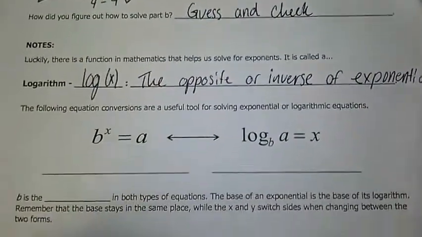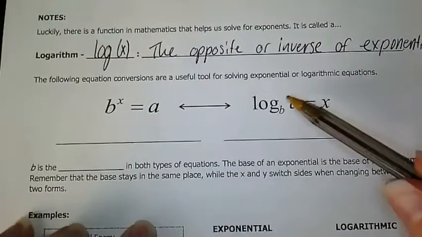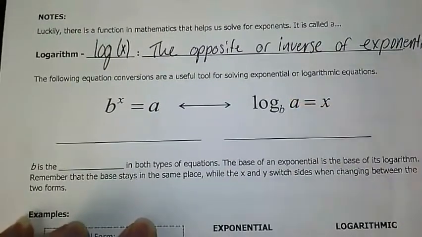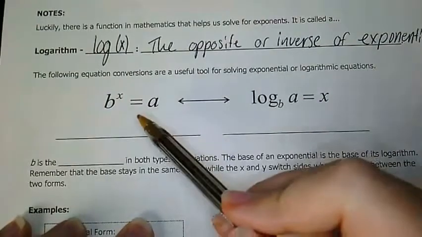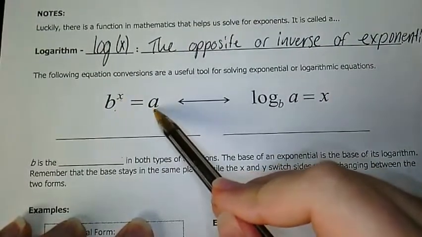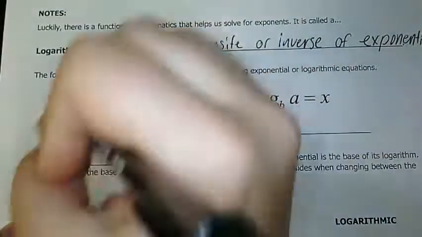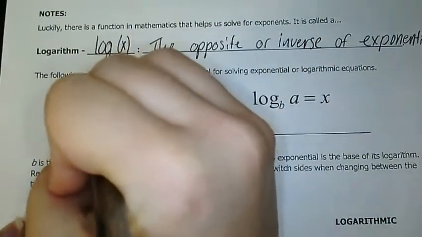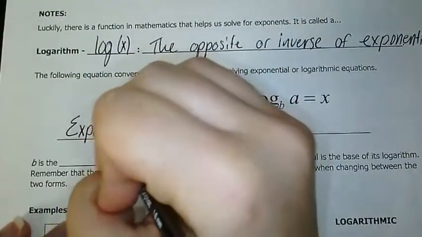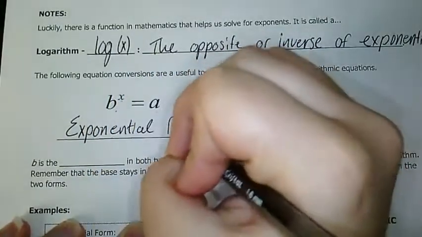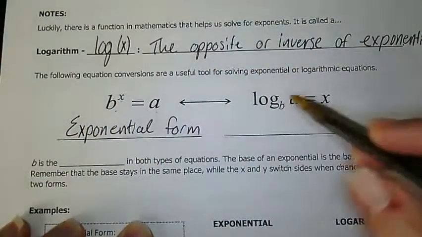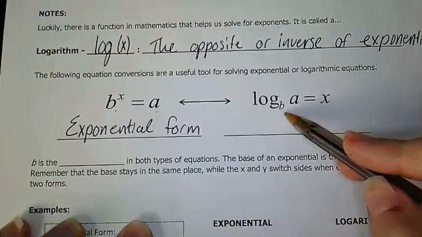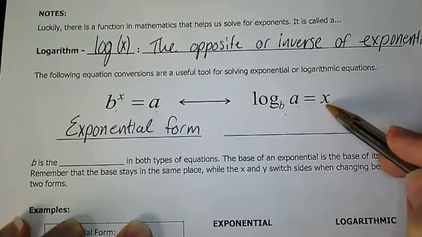The following equation conversions are a useful tool for solving exponential or logarithmic equations. So we have b to the x is equal to a. This is exponential form. Over here we have log base b of a is equal to x.